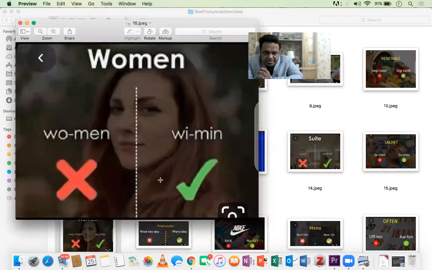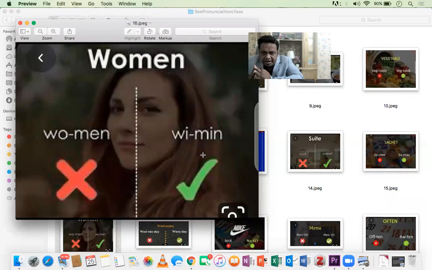This one is women, the plural of woman. It's weird as well. So why is it like that? But that's the way it is in the British pronunciation. We pronounce it as women. We do not pronounce it as woman. These women are pretty.